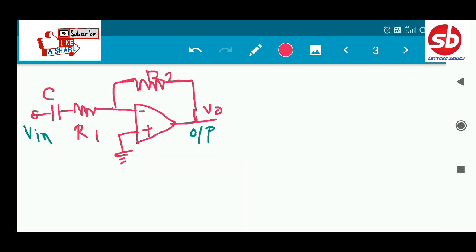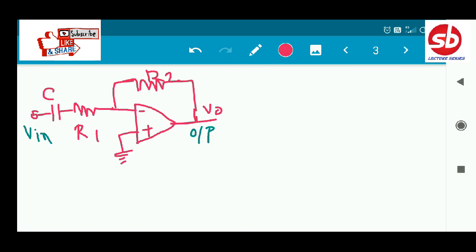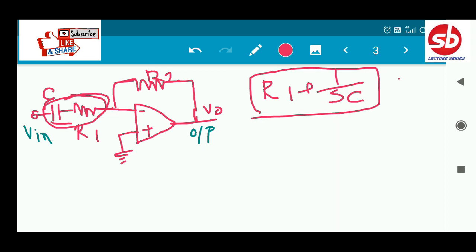So after identification of the high pass filter, next you have to identify the 3 dB frequency. To calculate the 3 dB frequency, you can easily see that the impedance of this path is R1 plus 1 by SC, and this is R2.